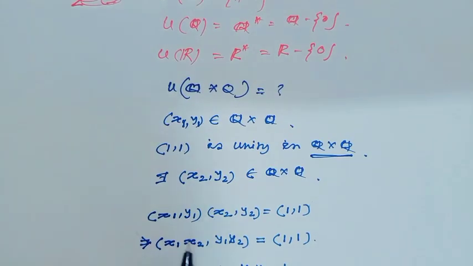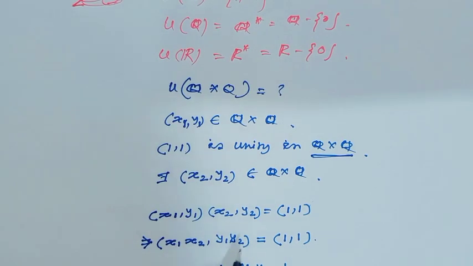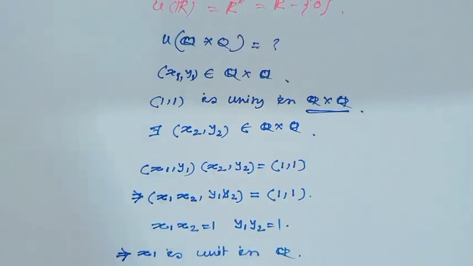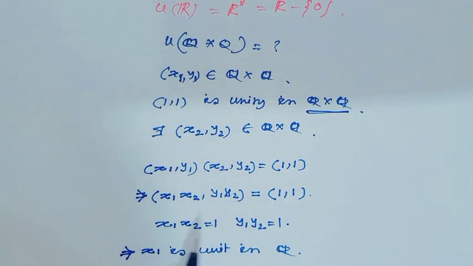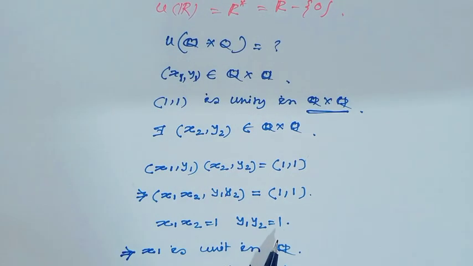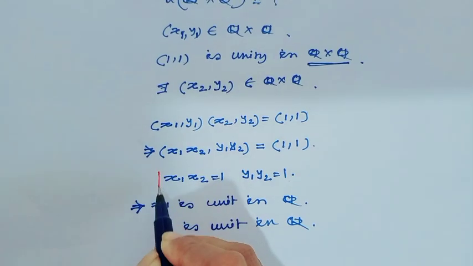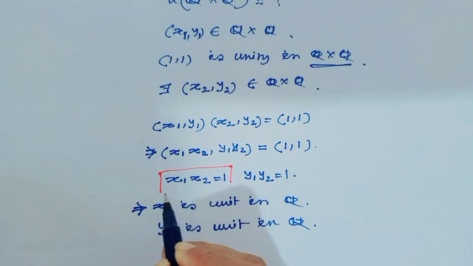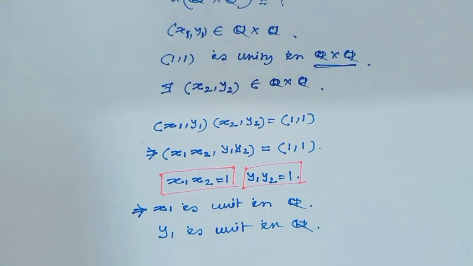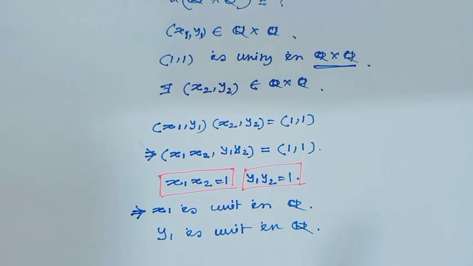That implies (x1 x2, y1 y2) equals (1, 1). From this expression, x1 x2 equals 1 and y1 y2 equals 1, since x1, x2 and y1, y2 are members of Q.